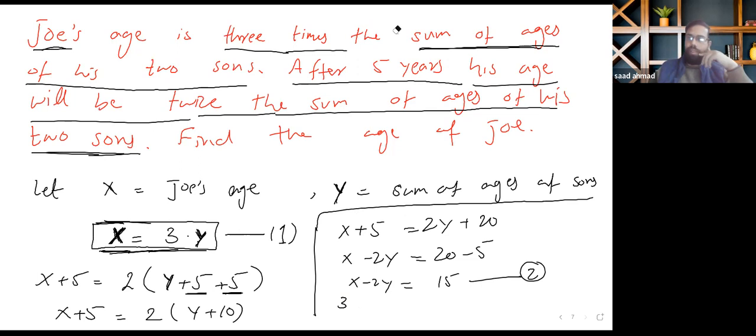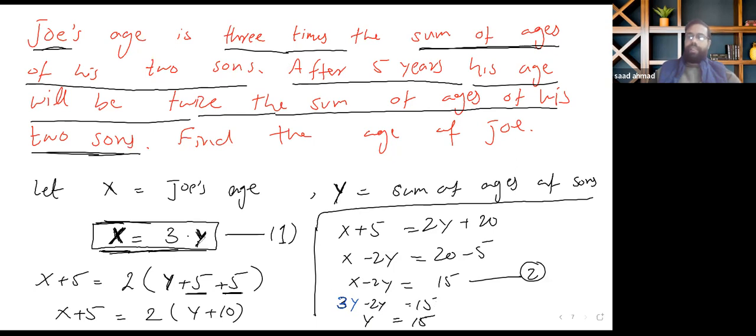Okay, let me write it with a different color. So we did the substitution, 3y for the x, and minus 2y. All right, so 3y minus 2y is just y. So y is equal to 15. All right, so y is 15.